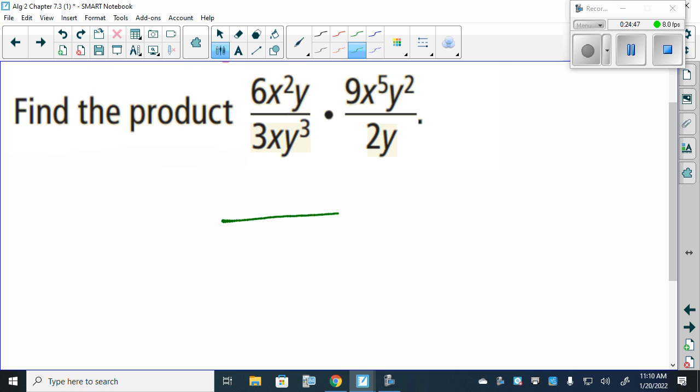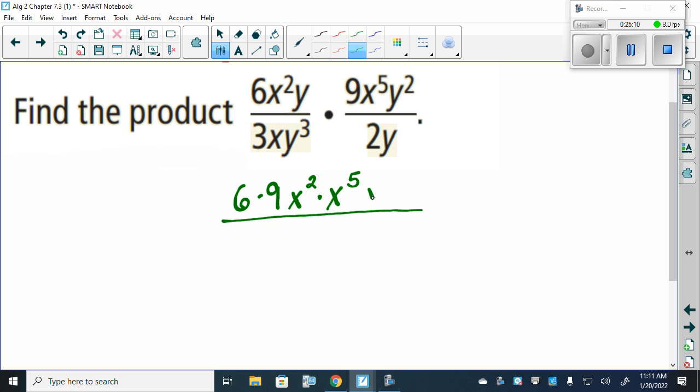So, again, we can look at this here and rearrange it so that the terms that will be multiplied together are next to each other. So we are going to be doing 6 times 9. We also have x squared times our x to the 5th, because those are like terms.